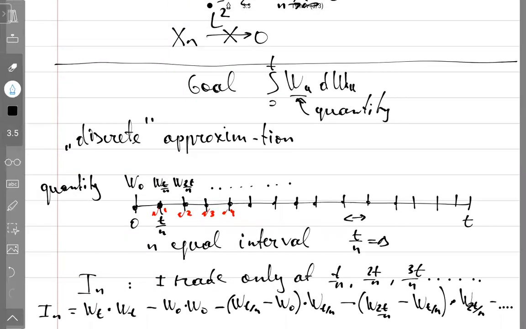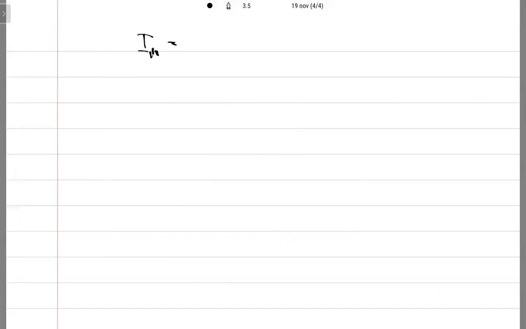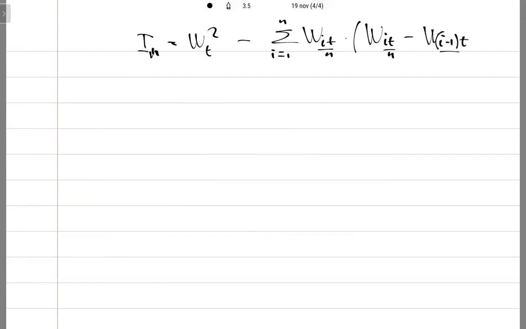Okay, let's move on. So our I_n is just W_T squared minus the sum, i ranging from 1 to n, of W_{iT/n} times (W_{iT/n} minus W_{(i-1)T/n}) minus Y_T over n.